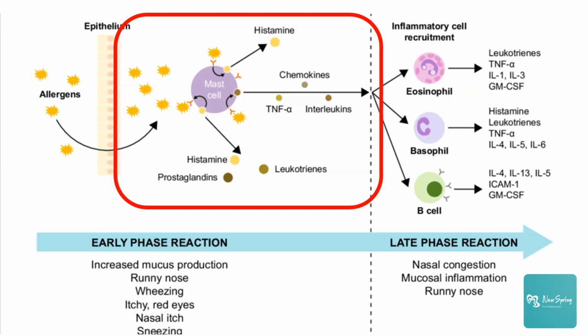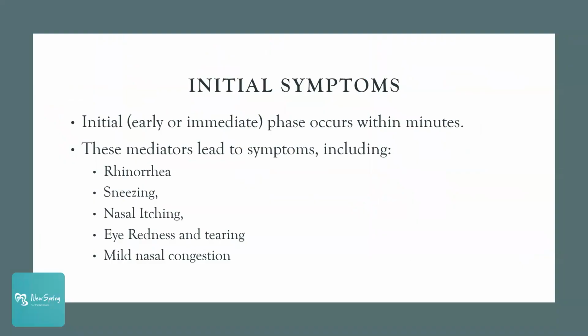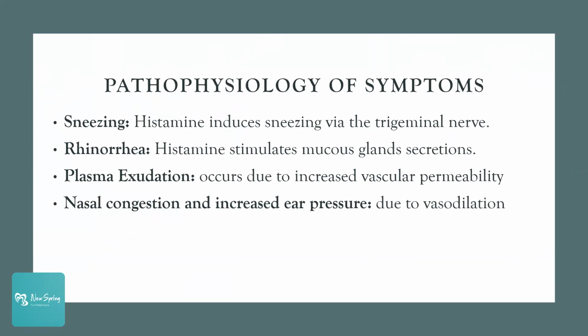The early phase reaction mainly causes the popular symptoms that all doctors know of, which are rhinorrhea, sneezing, nasal itching, eye redness, eye tearing, and mild nasal congestion. However, we have to understand the pathophysiology of these symptoms and what causes them.